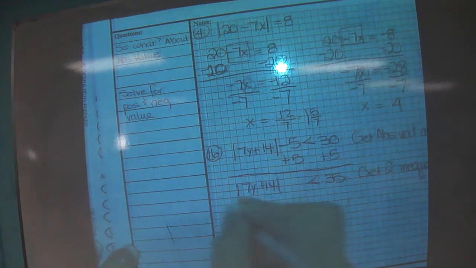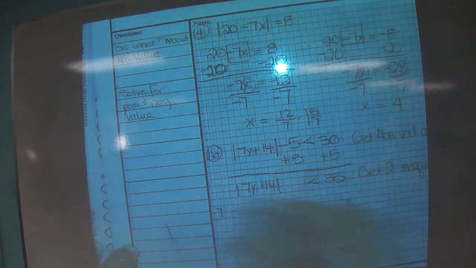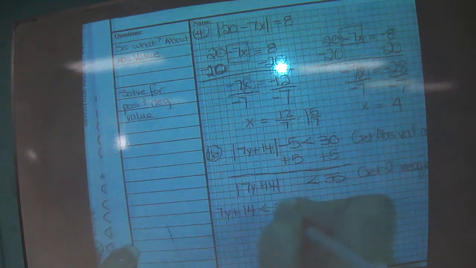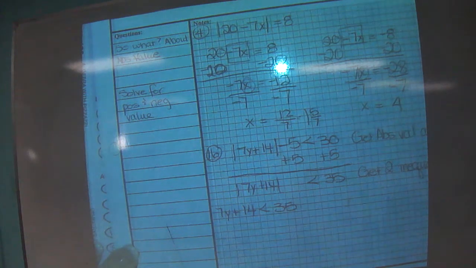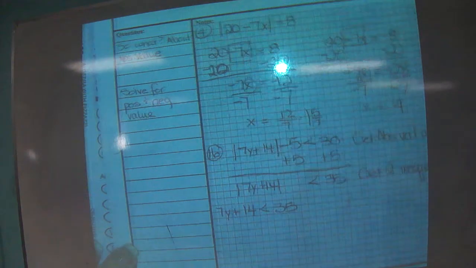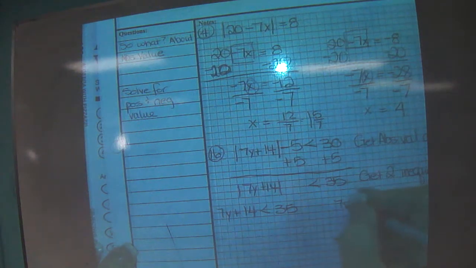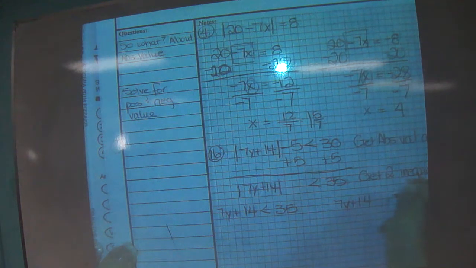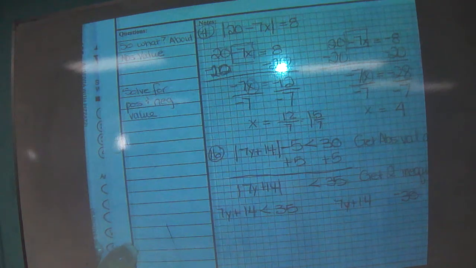So you're going to have 7y plus 14 is less than 35. Now here's the trick. You don't want to miss this. With an inequality, 7y plus 14, and we're going to make it negative 35. We just flipped a sign, didn't we?